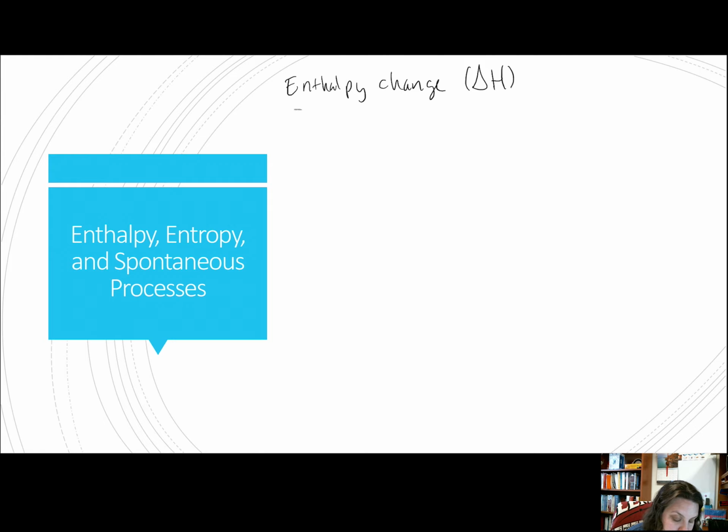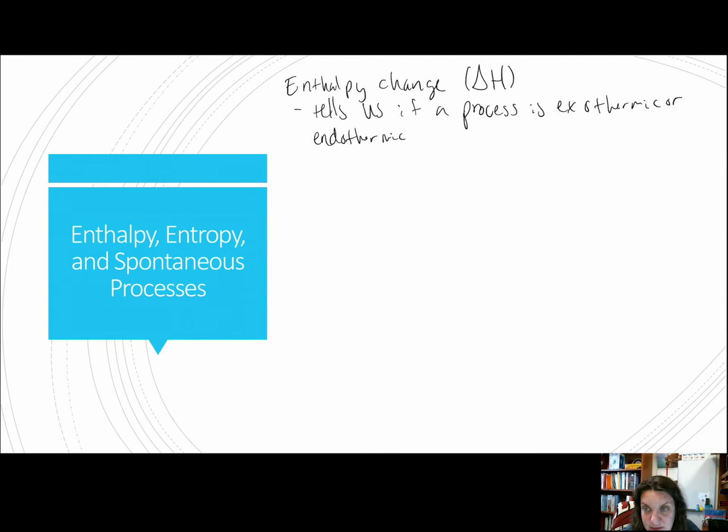So enthalpy change tells us if a process is exothermic or endothermic.